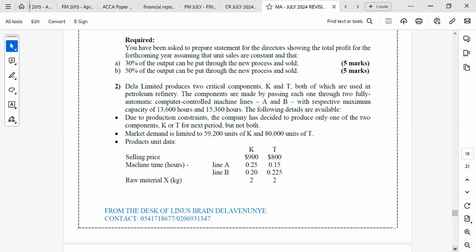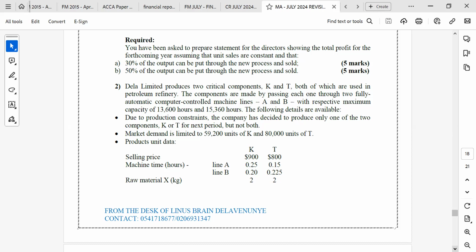The following details are available. 1. Due to production constraints, the company has decided to produce only one of the two components, K or T, for the next period, but not both. 2. Market demand is limited to 59,200 units of K and 80,000 units of T. Product unit data: selling price, machine time, raw material X.